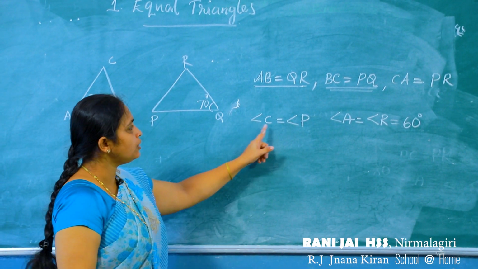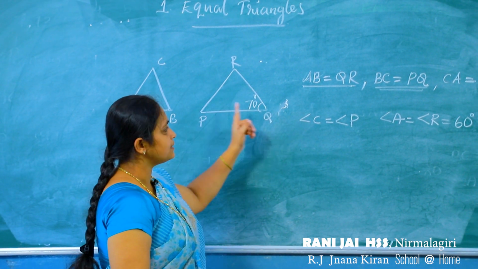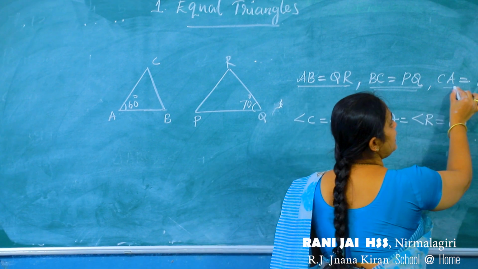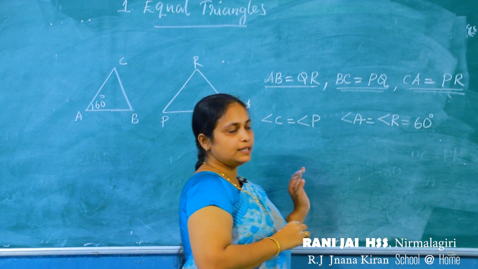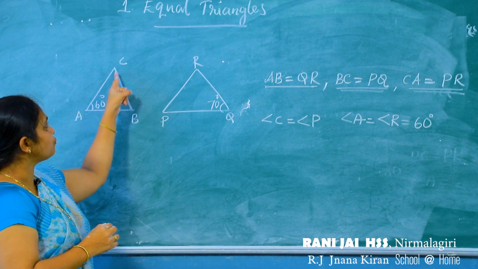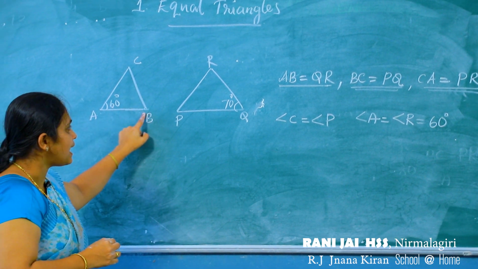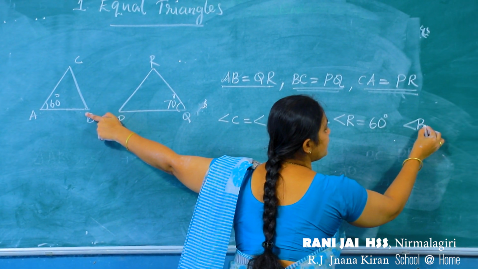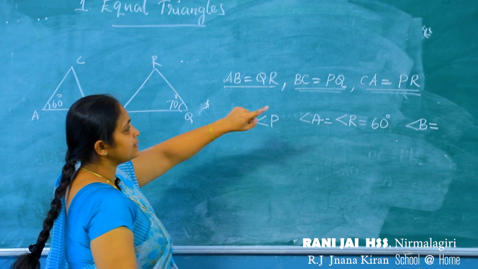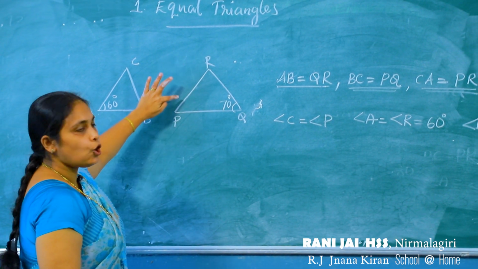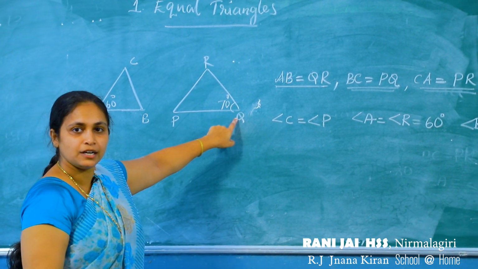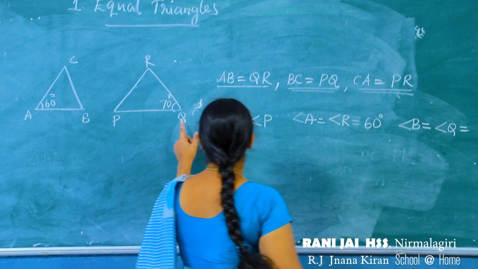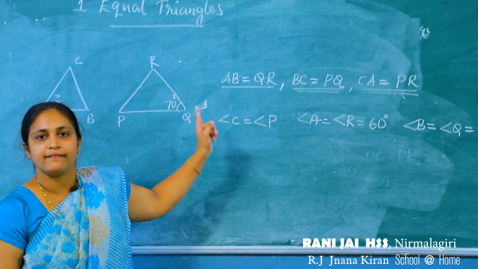But here we do not know what angle C and angle P are. Now consider the third one, CA equal to PR. The angle opposite of side CA is angle B, and the angle opposite of PR is angle Q. It is given that angle Q is equal to 70 degrees.